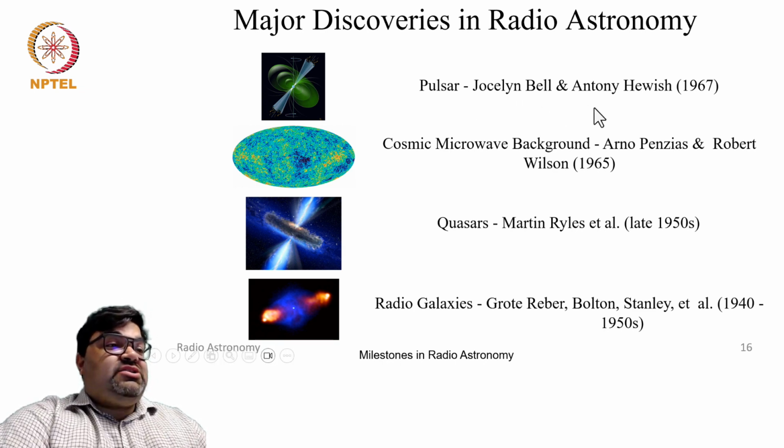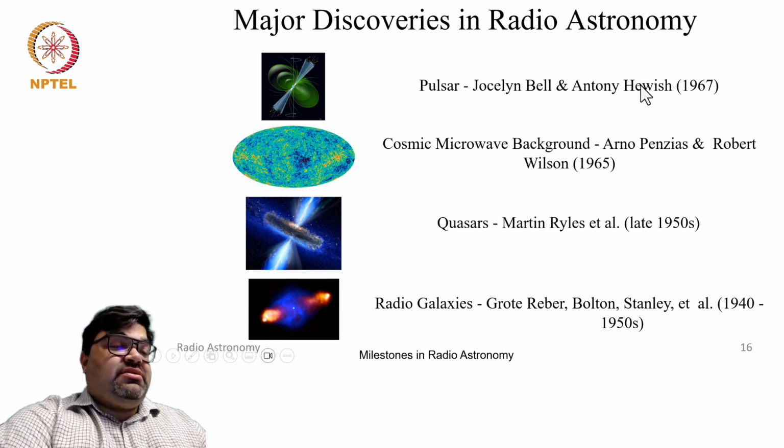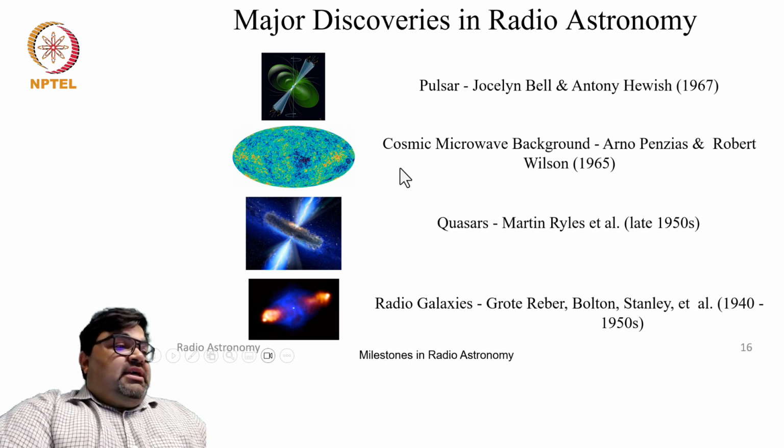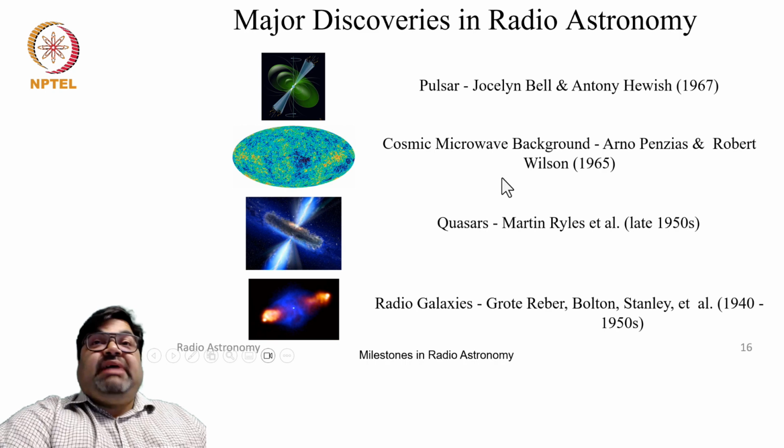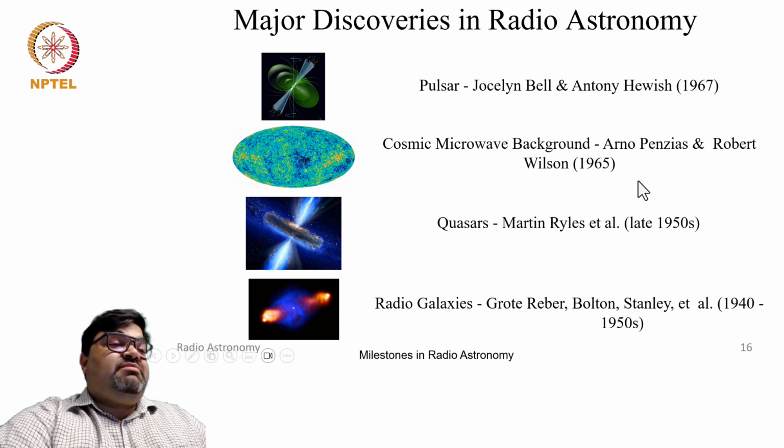Jocelyn Bell and Tony Hewish discovered the pulsar, although only Tony Hewish got the credit and the Nobel Prize. Jocelyn Bell didn't. That's a separate story. Next is the cosmic microwave background, discovered by Arno Penzias and Robert Wilson.